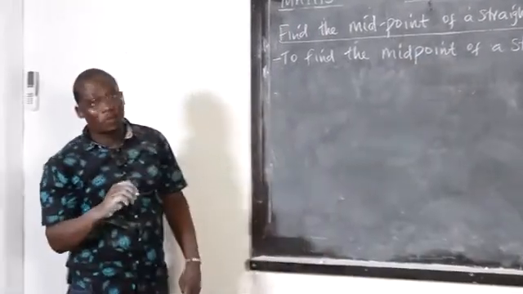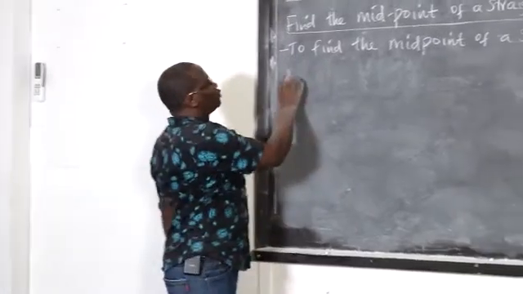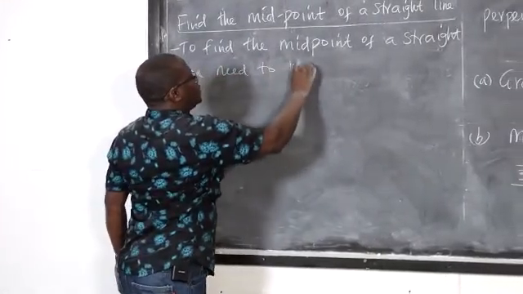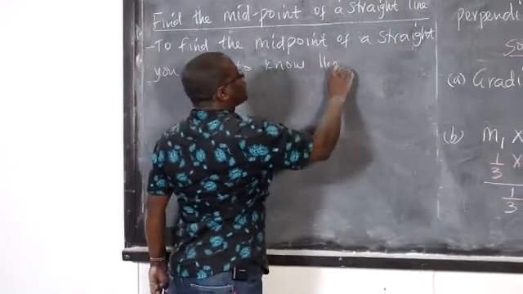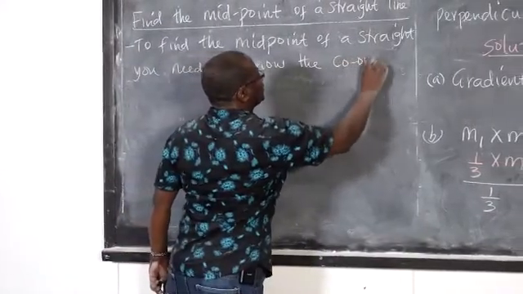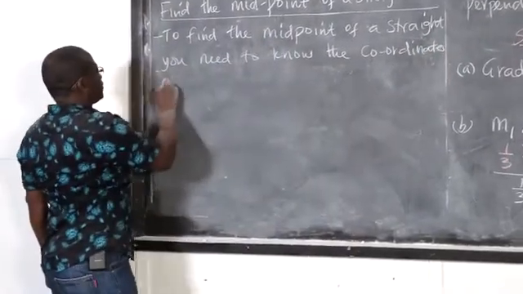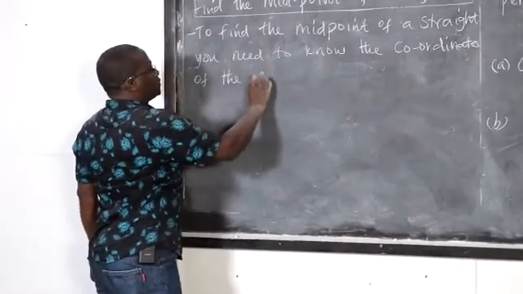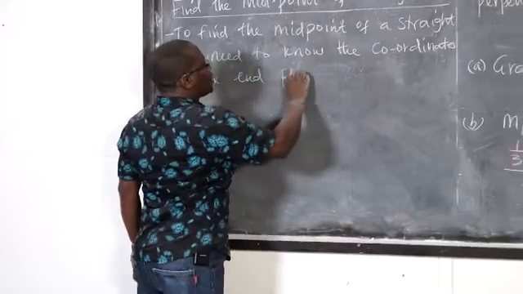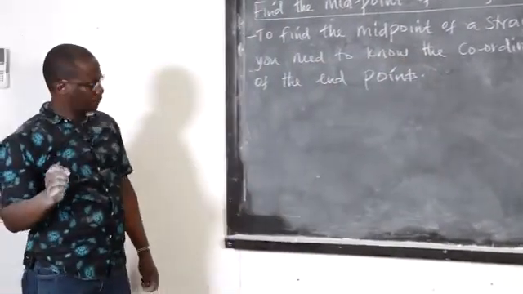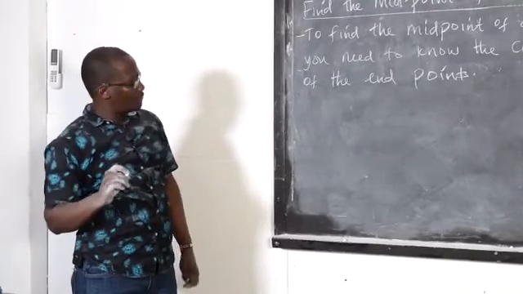So to find the midpoint of a straight line, you need to know the coordinates of the endpoints of that line segment. And we have the formula for that.